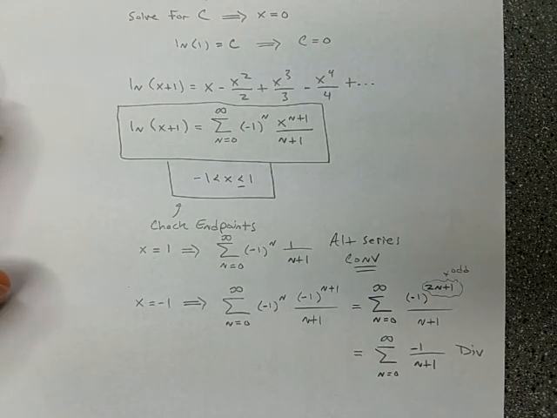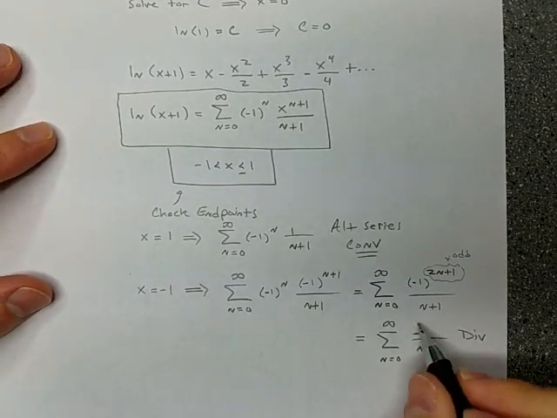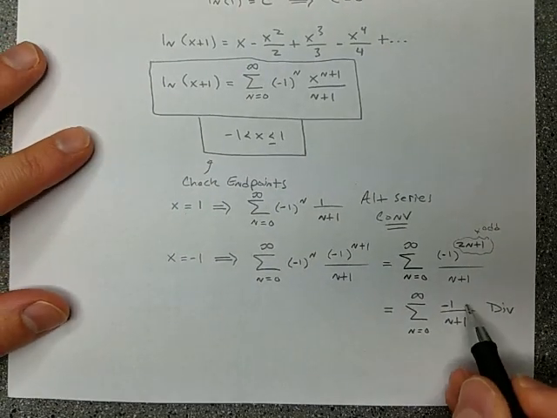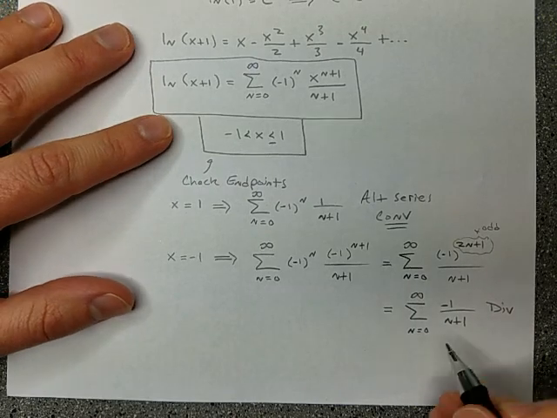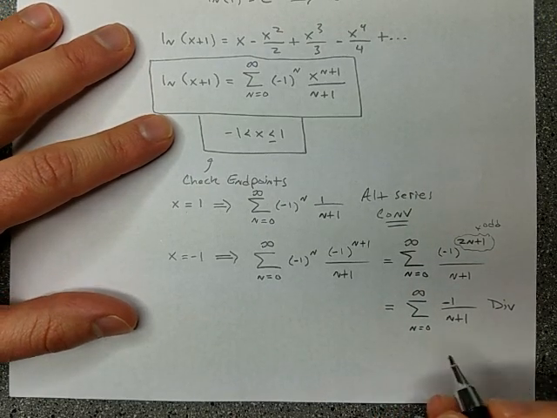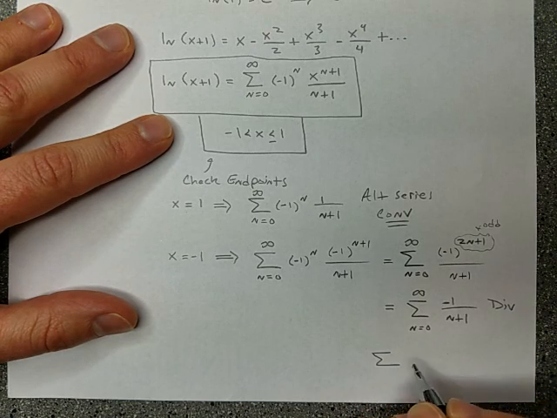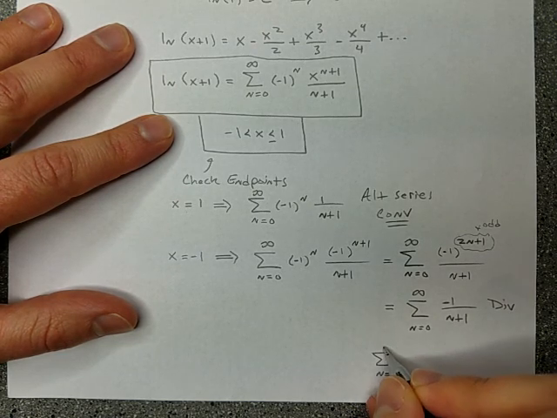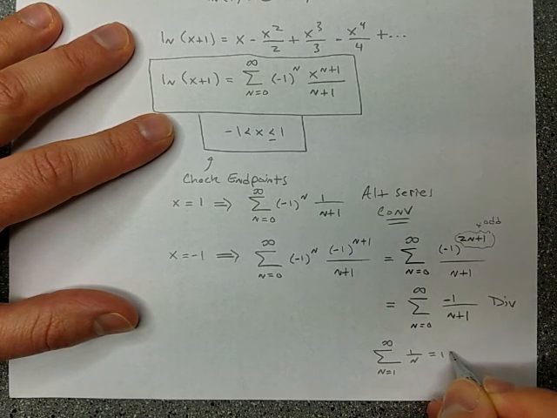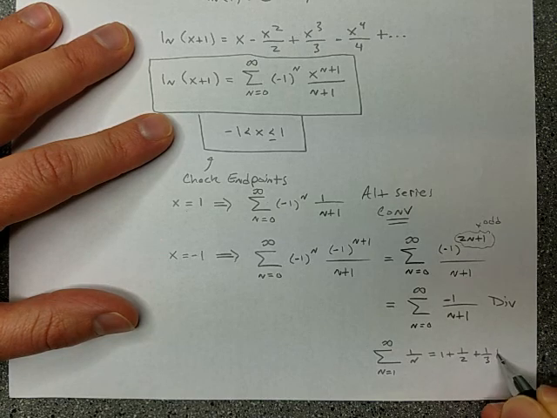Now, one more thing. And there's always one more thing when you get to this point in calculus 2. How do I know that series diverges? Well, because it's really just like this p series. So let's take this p series, 1 over n, and that's 1 plus a half plus a third, and it keeps going.